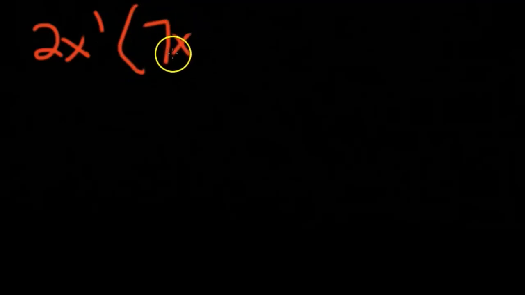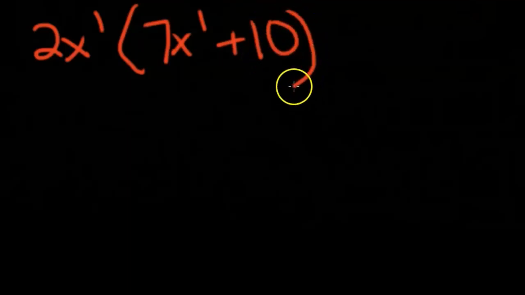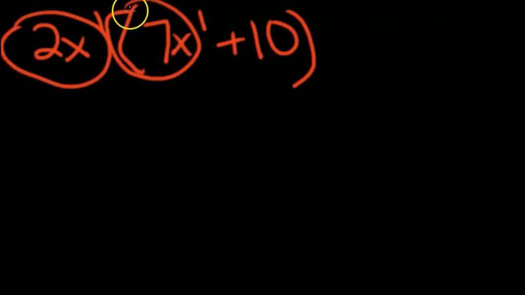Now let's look at this problem. Let's multiply a monomial by a binomial. 2x to the 1 power times 7x to the 1 power plus 10. Sometimes you will see this type of problem in algebra courses and tests, so it's helpful to understand how to do these problems. First, we need to multiply the 2x times the 7x.